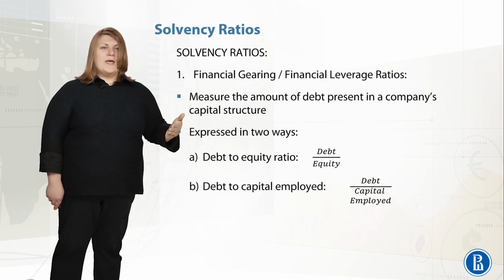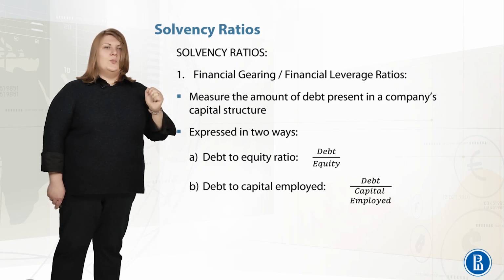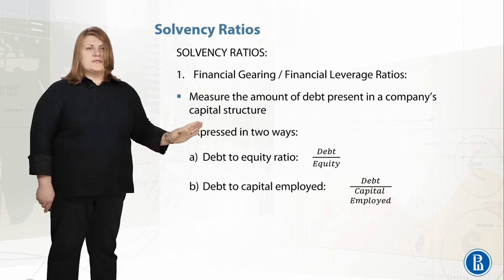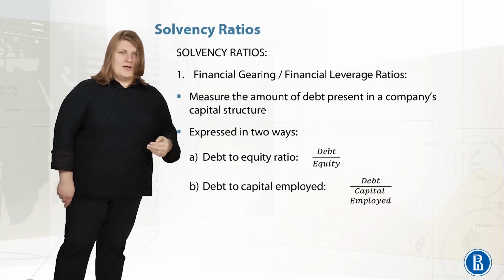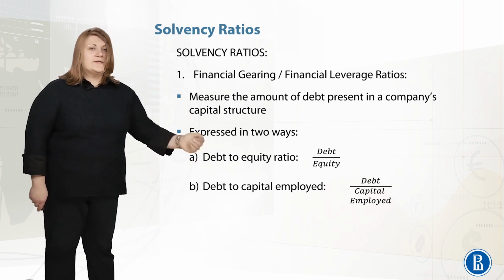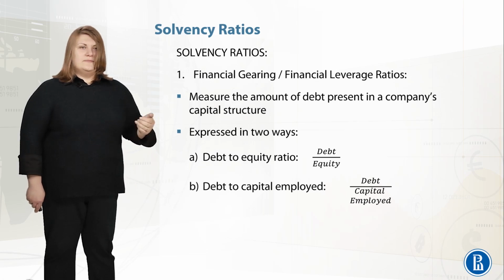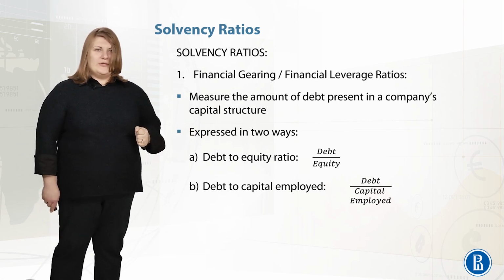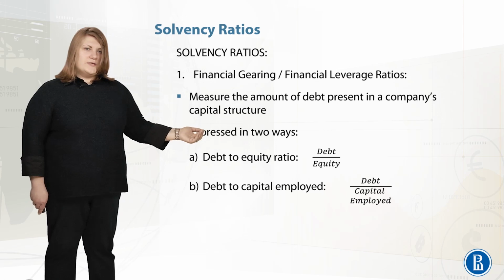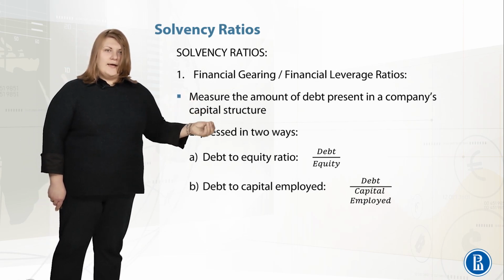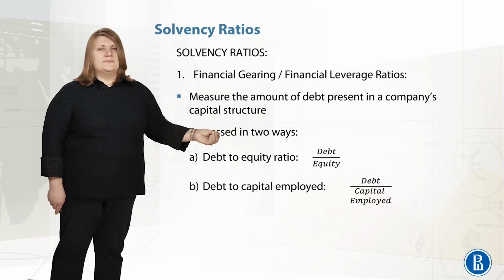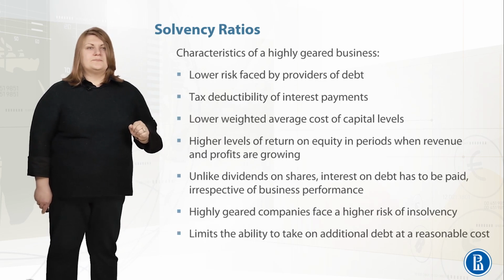This ratio may be expressed in two main ways. First, debt-to-equity ratio, which is debt over equity, and debt to capital employed, debt over capital employed. As you may understand, all these numbers can be easily obtained from the balance sheet and income statement.